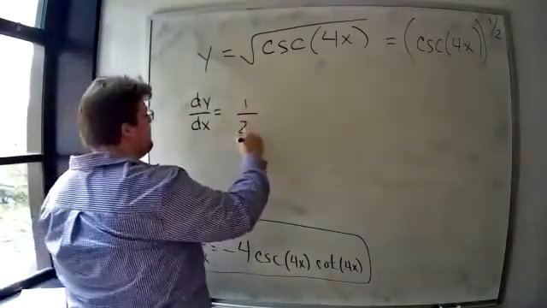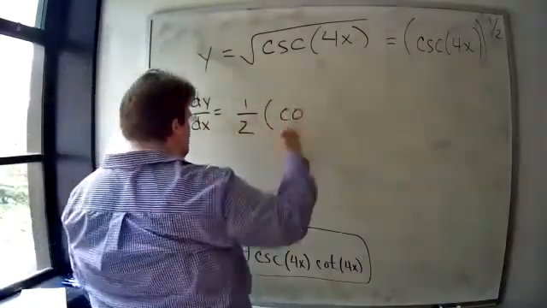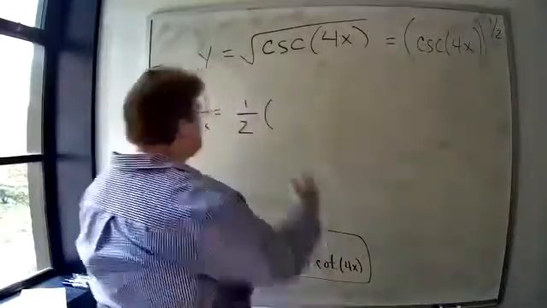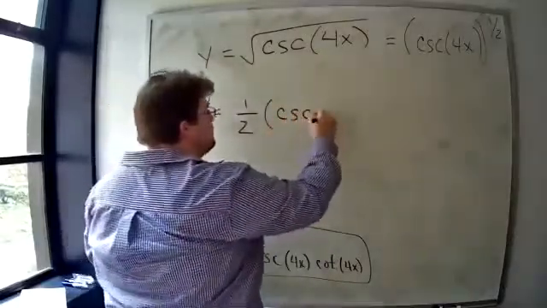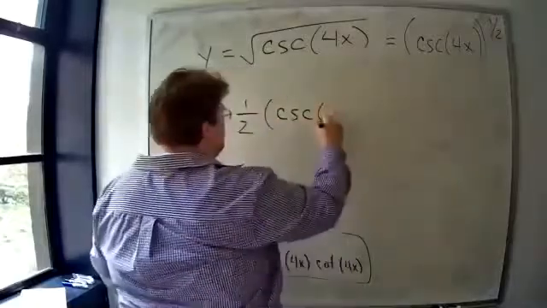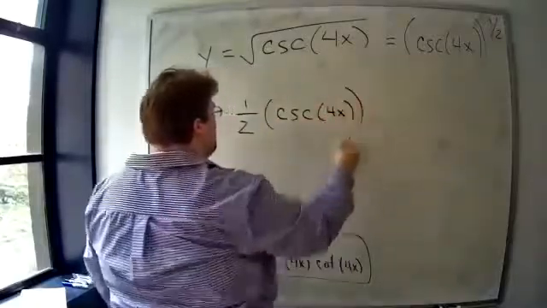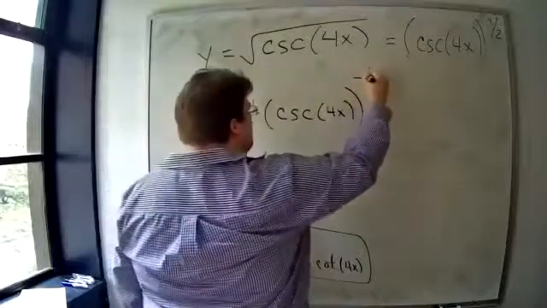So dy/dx, we have something to the 1/2. Derivative of something to the 1/2 is half of that to the -1/2.